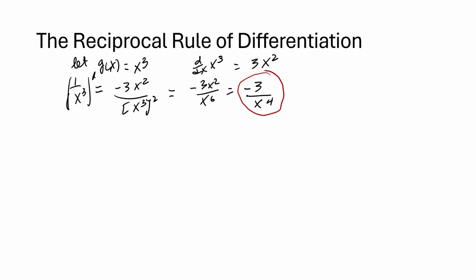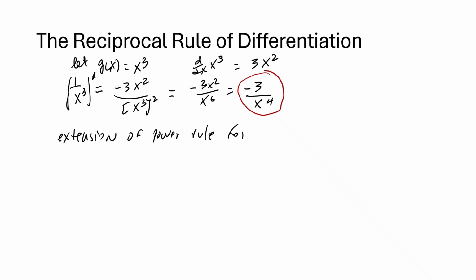Now, we may notice something here: essentially this is just an extension of our power rule for negative n. We saw that in a previous video, taking the derivative of basically polynomials.